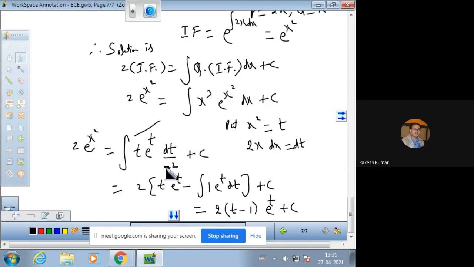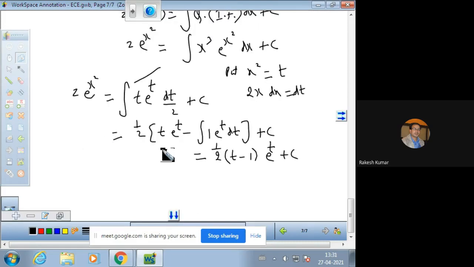Sorry, there is a 2 in the denominator, so 1 by 2 will be there. And on the left hand side we have z e raised to power x square is equal to 1 by 2, the value of t is x square, minus 1 e raised to power x square plus c.